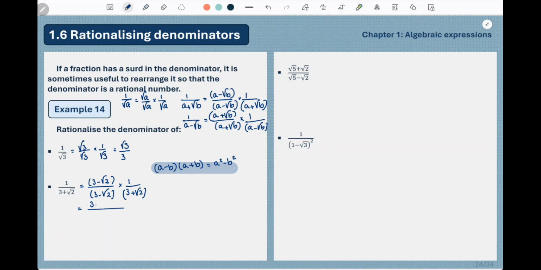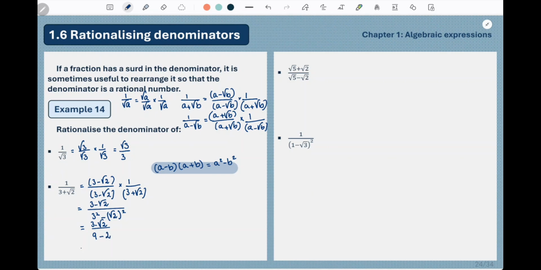So I'm going to write the numerator as it is. And the denominator, I'm going to use this identity. So it's 3 squared minus, as in the identity, then our B squared is square root of 2 squared. So it's 2. Okay. So now I'm gonna simplify. So 3 minus square root of 2 over 9 minus 2.